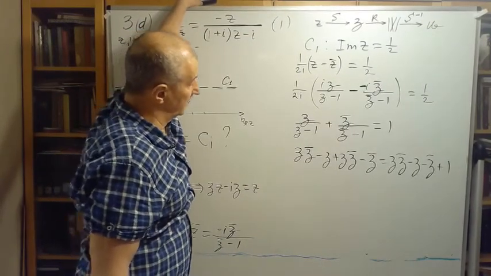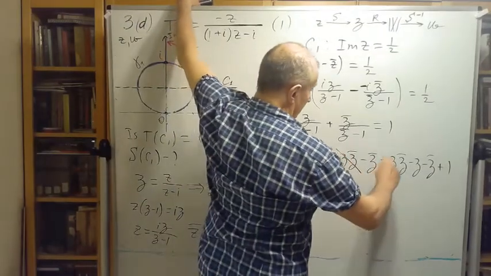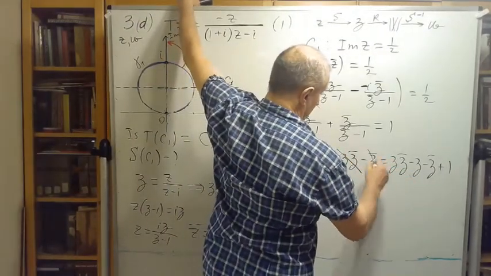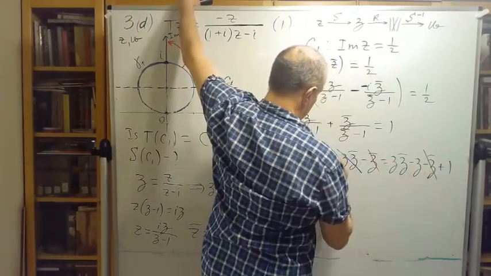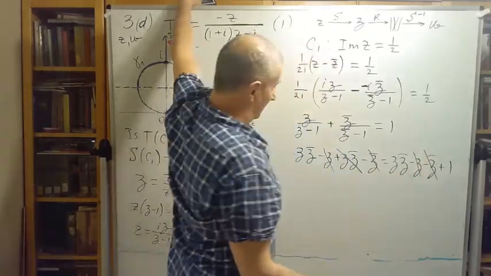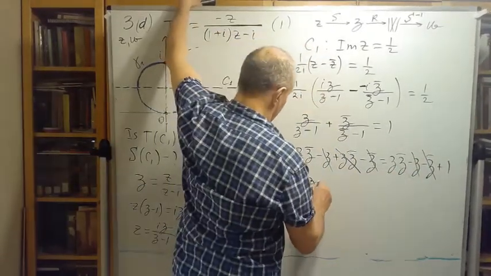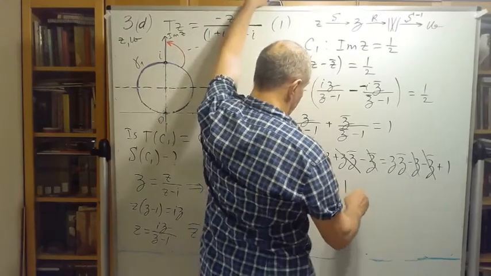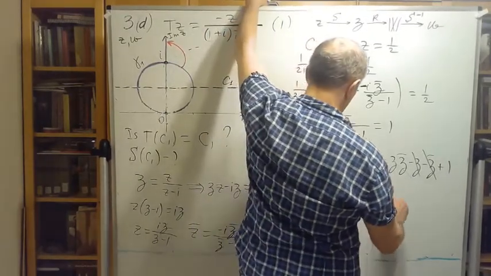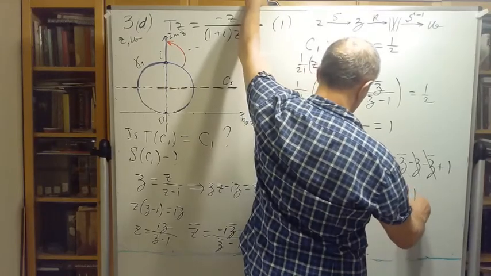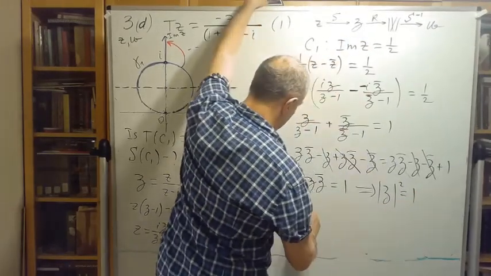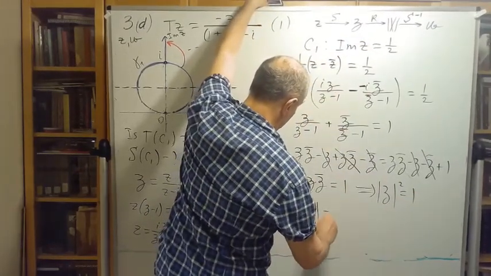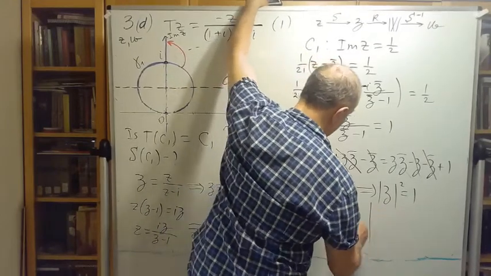What happens? This cancels with this, this cancels with this. What's left? w w conjugate equals 1. It means modulus w squared equals 1 or modulus w equals 1. So it is a unit circle.